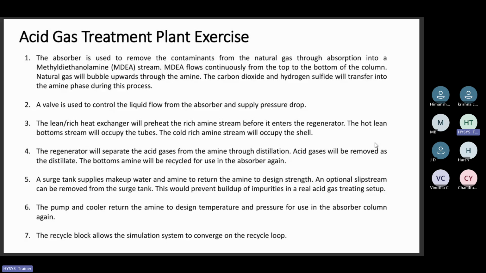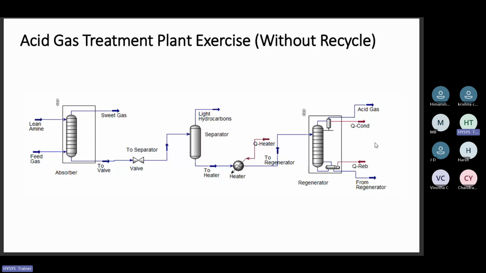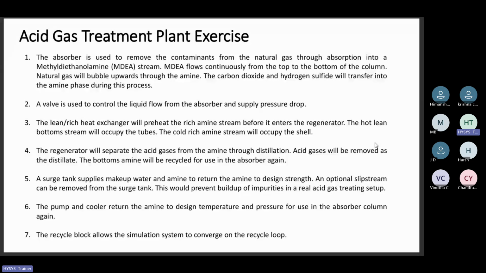A valve is used to control the liquid flow from the absorber and supply the pressure drop. A lean or rich heat exchanger will preheat the rich amine. See, previously, what we will be doing is first simulating this without a recycle. We will just check what outputs we are getting in terms of concentrations. Then we will be introducing the recycle into the system, and we will see what differences in the output have been observed.